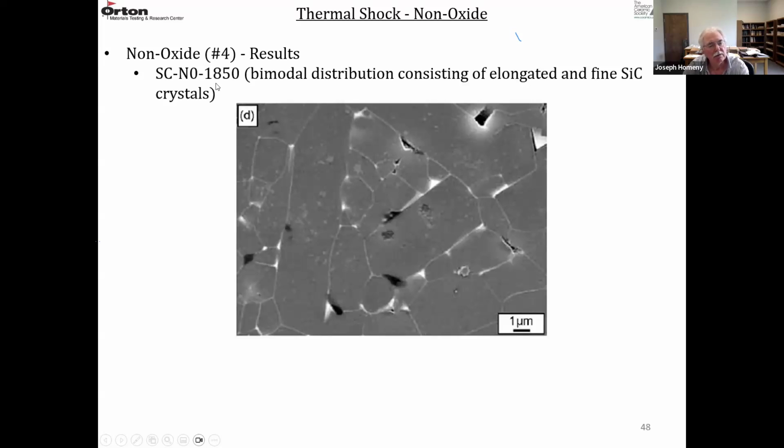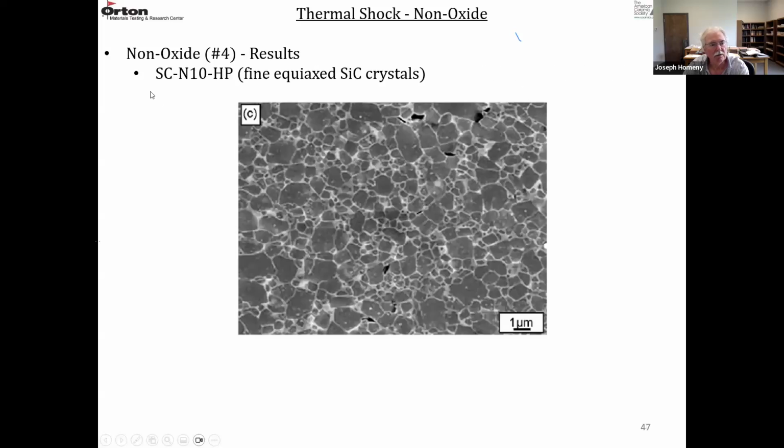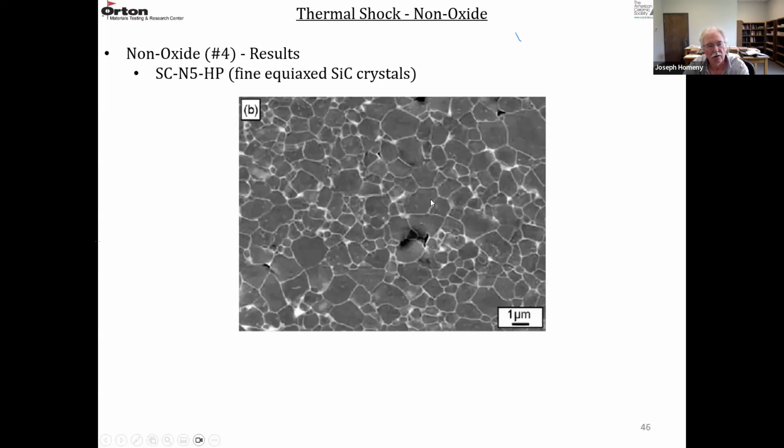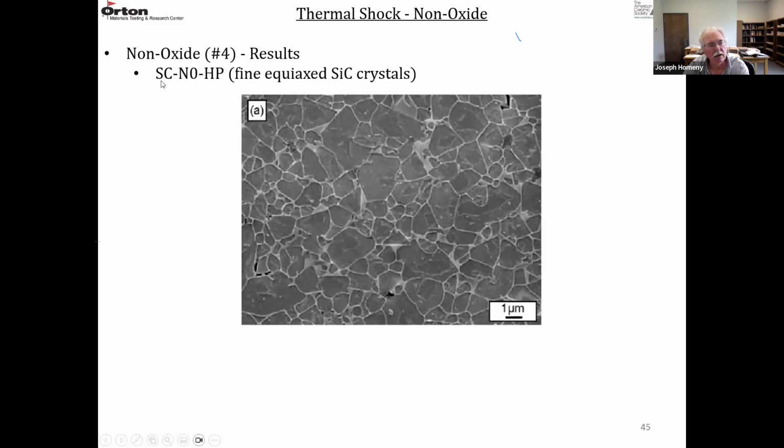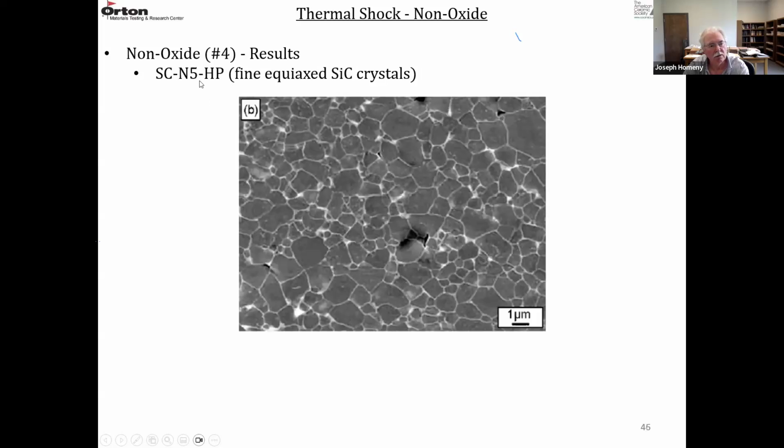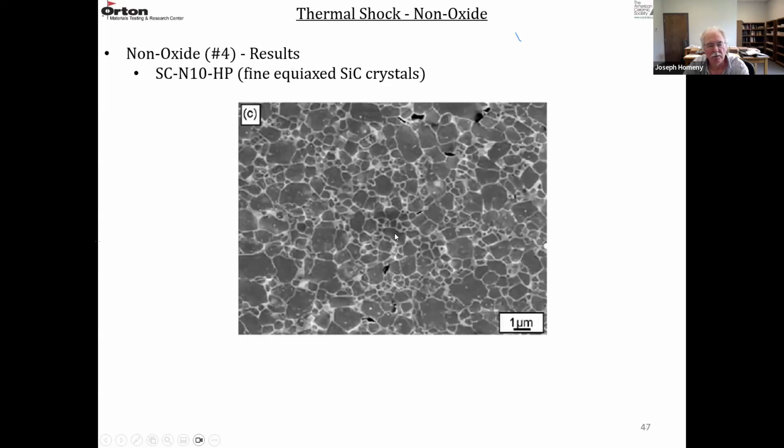These are the samples that were heat treated at 1850 degrees C. It turns out the samples that were heat treated at 1650 degrees C, any of these 0, 5, 10 weight percent silicon nitride, didn't change the microstructure at all.